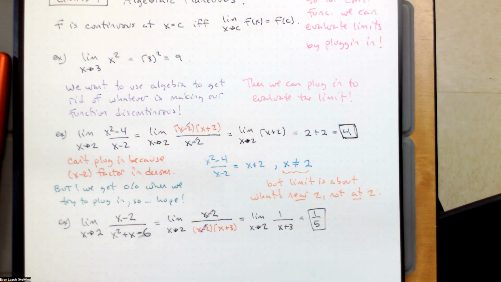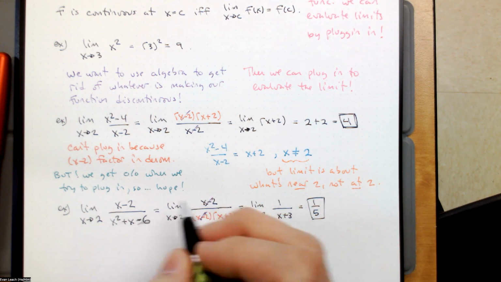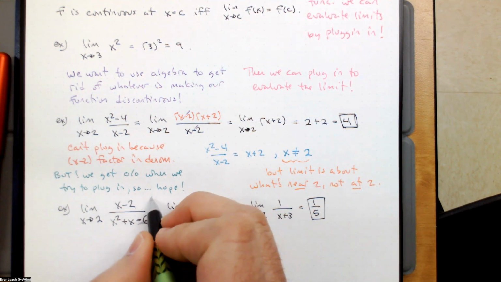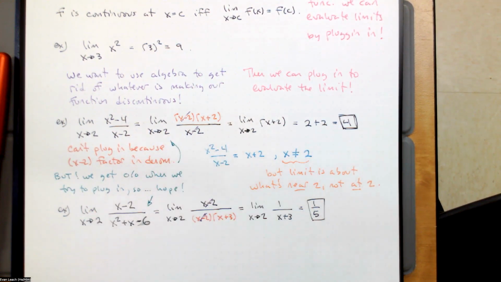The function was discontinuous at 2, but it was just a hole in the function. We know that this is going to work because we can see that we're going to get 0 over 0. This happens on this one, and it happens on that one.